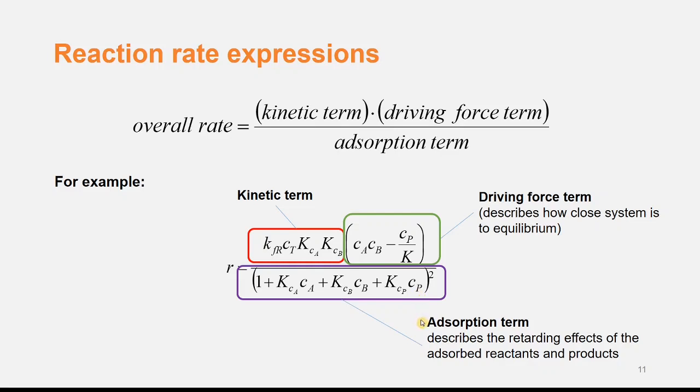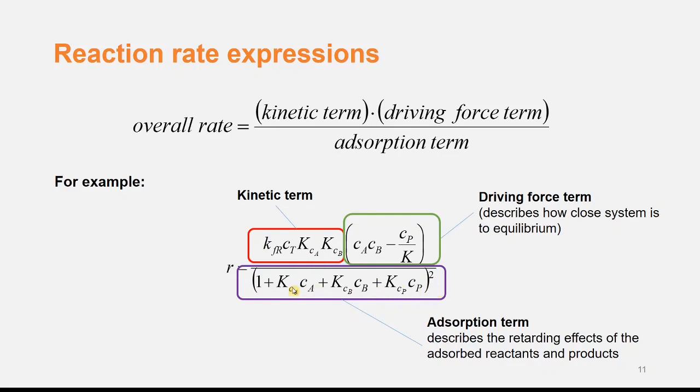That is, the reactants cannot always find active sites on which to adsorb. Note that this term is sometimes called the inhibition term because the other species adsorbed on the active sites prevent or inhibit the reactants getting to the sites. As this term is in the denominator, the larger it gets, the slower the rate is.